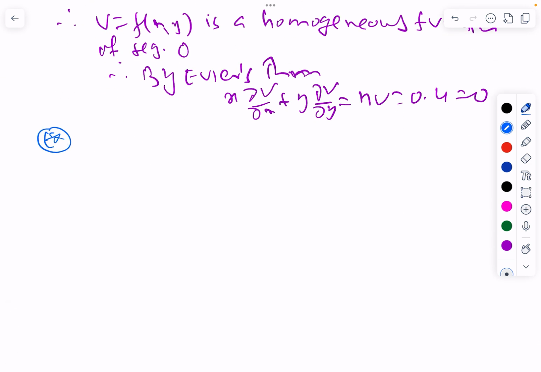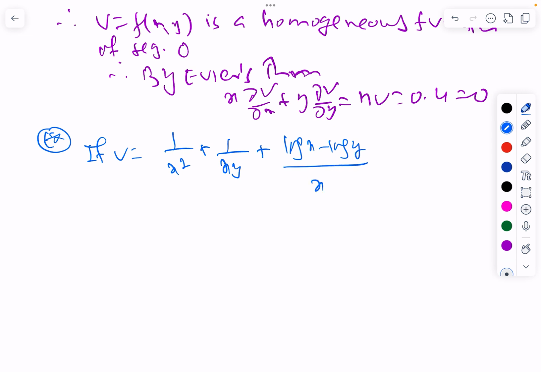You can have one more. So like if u equal to 1 upon x square plus 1 over xy plus log x minus log y over x square, then find the value of x del u by del x plus y del u by del y.